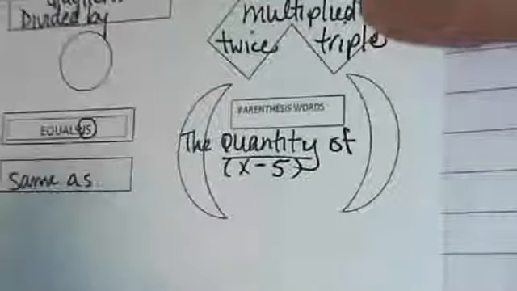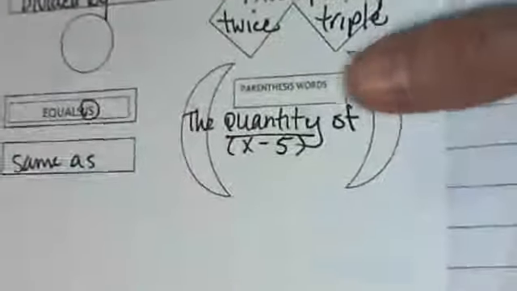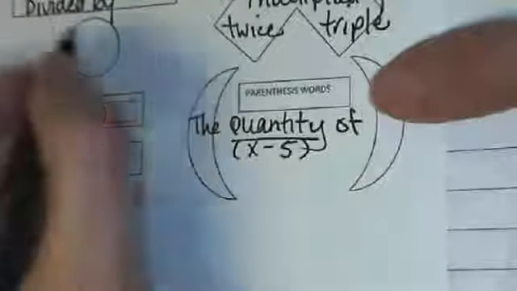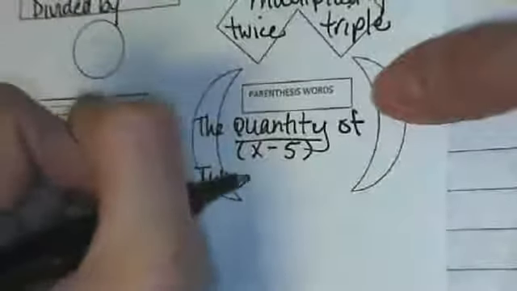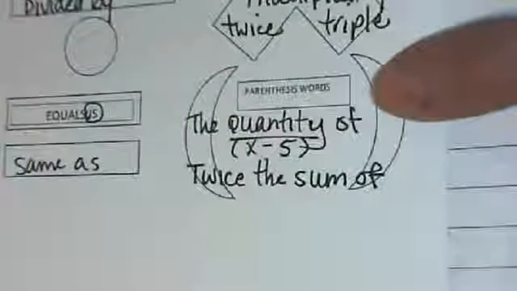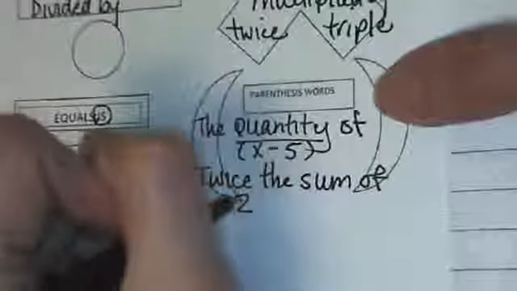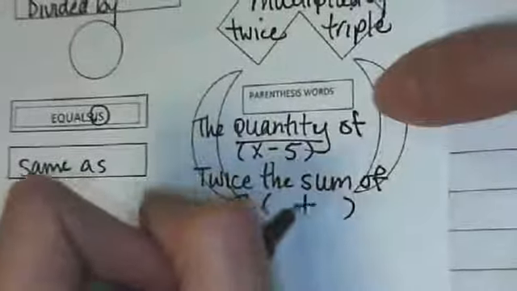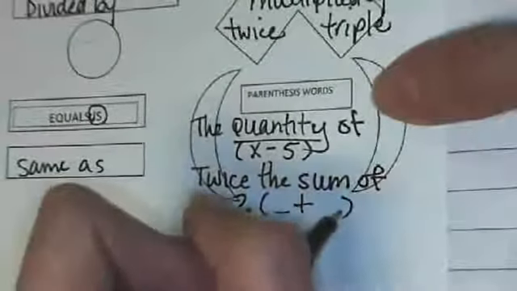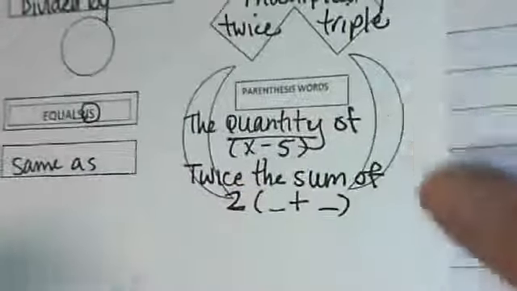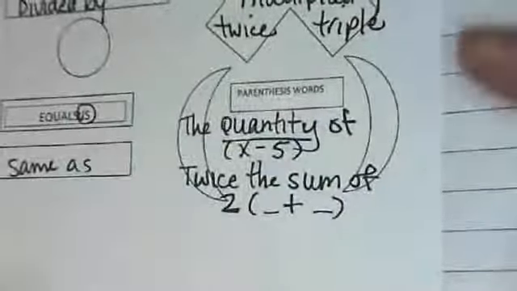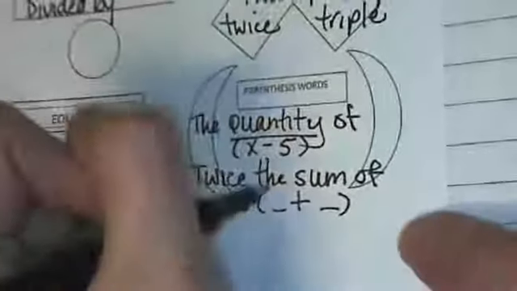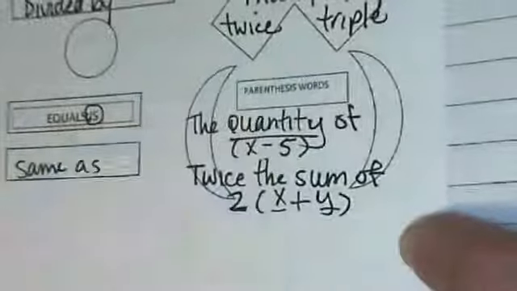Anything inside the parentheses. Some other words would say twice the sum of, okay? So that would be twice, and then you would write something. The sum means plus, and then you would have 2 terms in there. So twice the sum of, let's just say, x and y, okay?